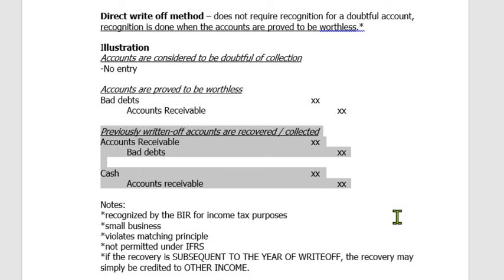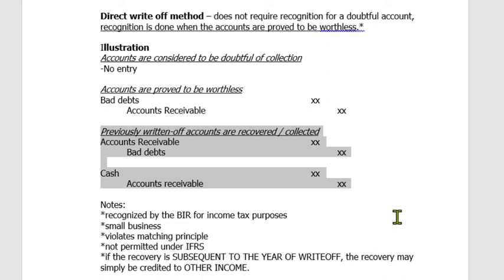What happens? According to direct write-off method, you can credit to other income. You can just debit cash and then credit other income, kapag yun ay subsequent to the year of write-off na yung recovery.